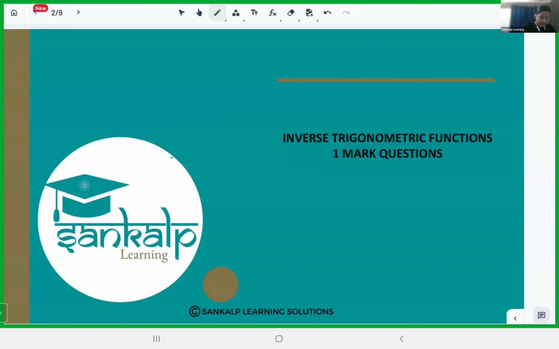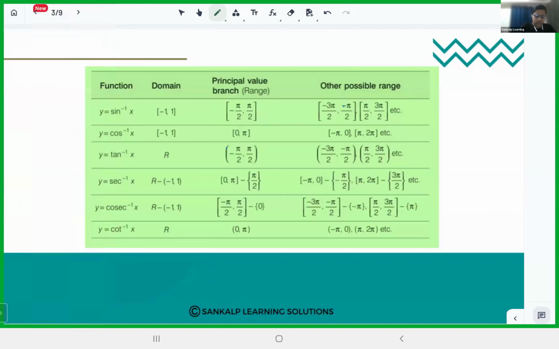All right, so for that, we have already discussed this, and we grouped these in order to memorize the principal value branch and domain. We group these inverse trigonometric functions into two, isn't it?